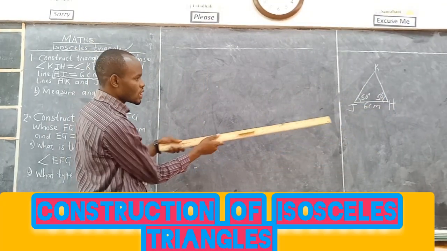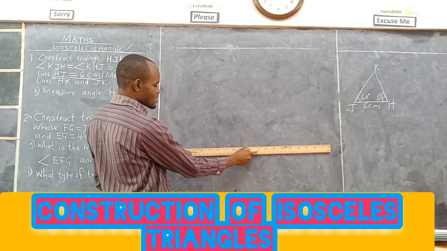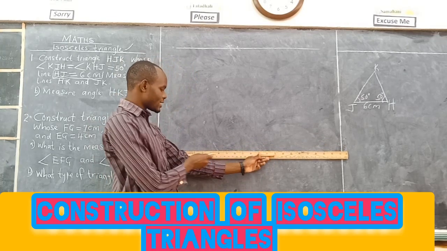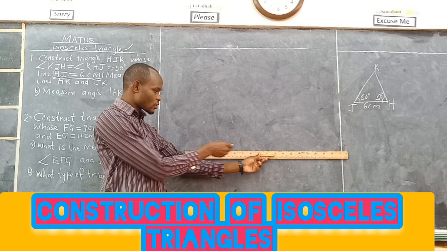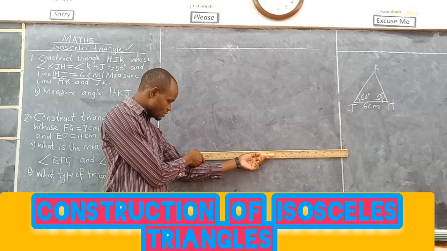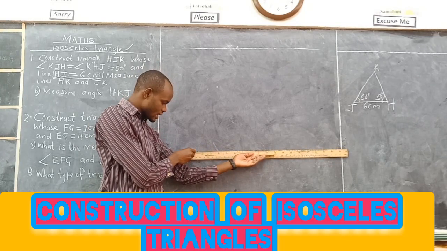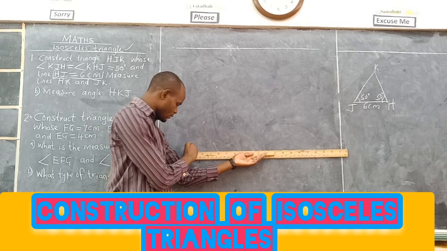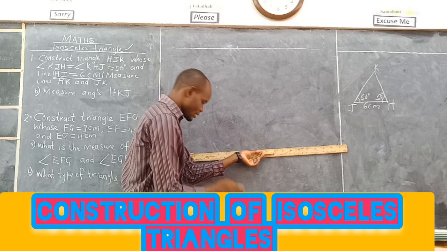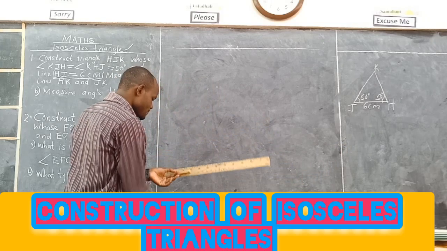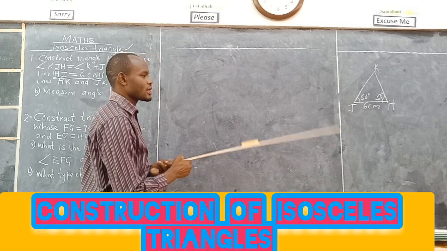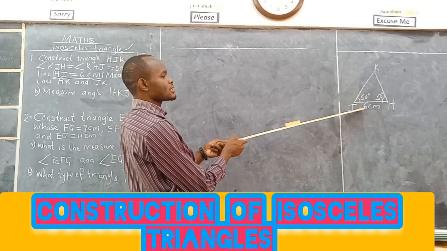So you draw 6 centimeters. Our line is 6 centimeters. On my ruler, if I say 6 centimeters from here, I am going to use 5 centimeters to represent 1 centimeter. Wherever you are, just draw this line which is 6 centimeters.